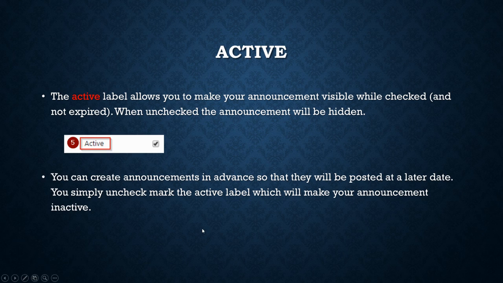Say you want to have that announcement for Lincoln's Day, but you don't want it visible until the 13th, and so you mark it as inactive. And then on the 13th, you can just make it active. So you can create announcements in advance so that they will be posted at a later date. You simply uncheck the active label, which will make your announcement inactive.